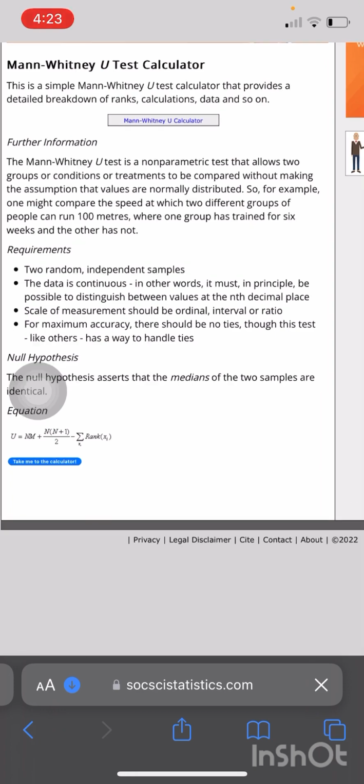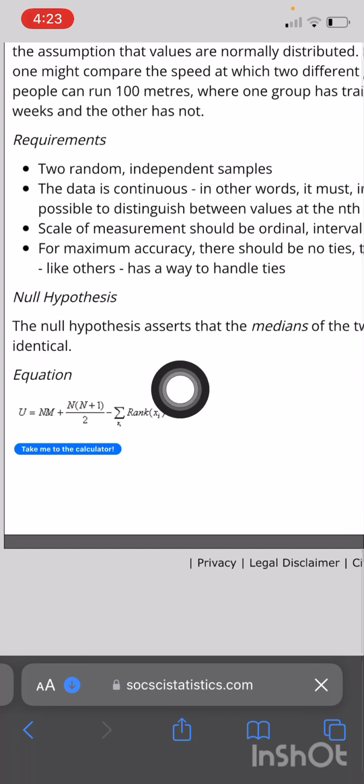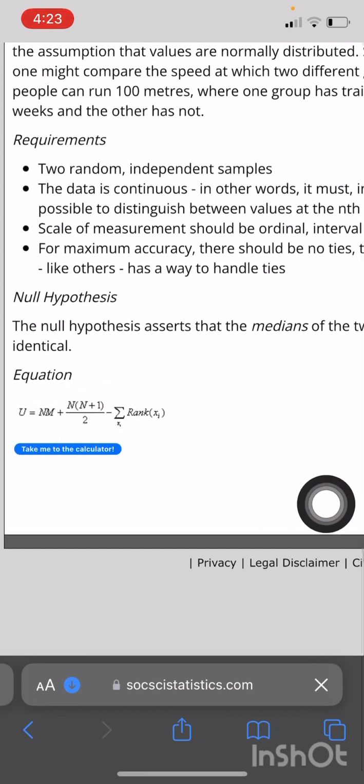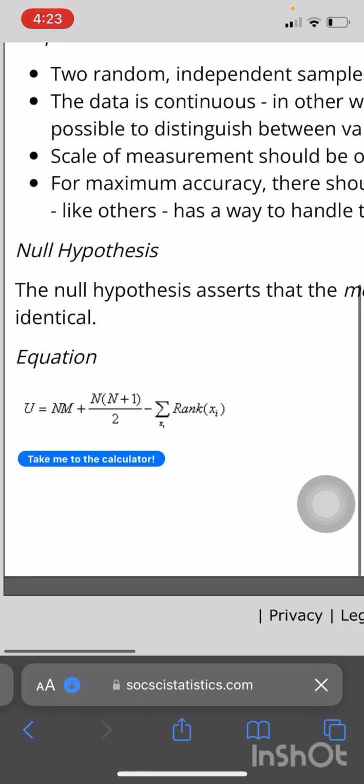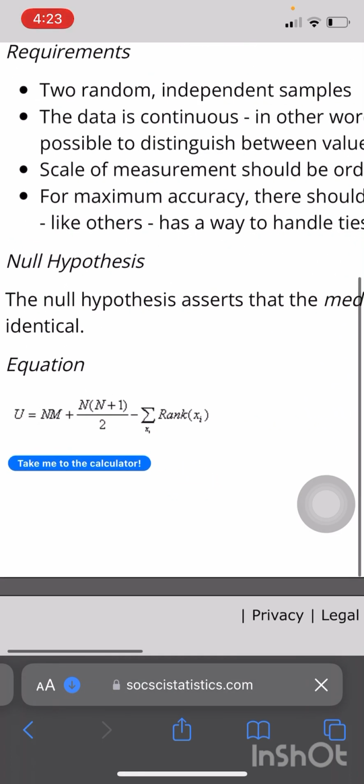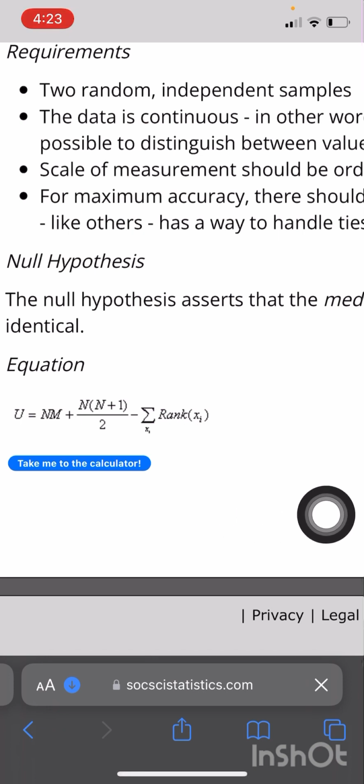So, first, this equation was the manual. In order for us to make it easier, we will use the online calculator.